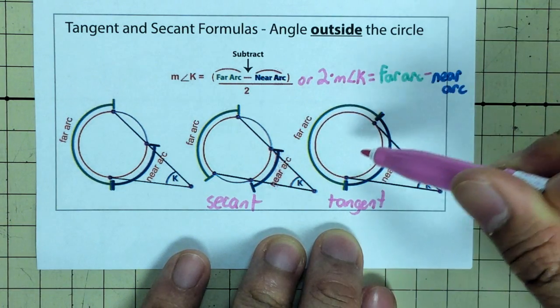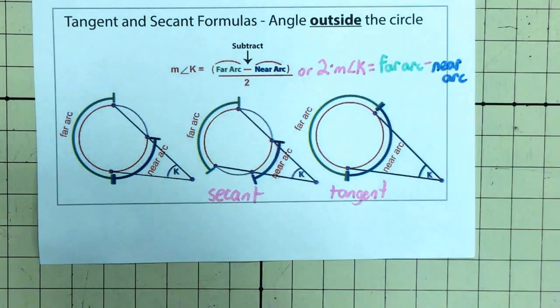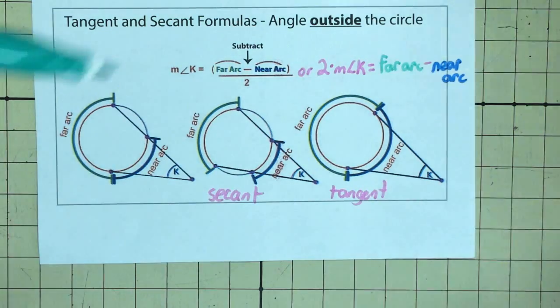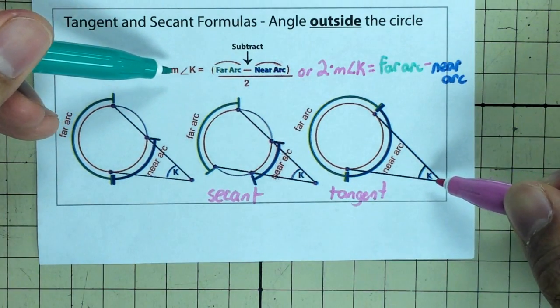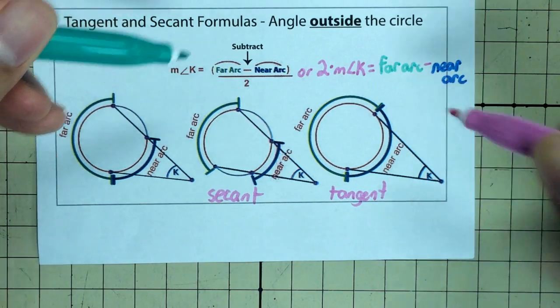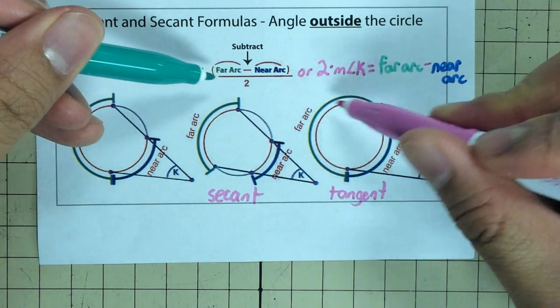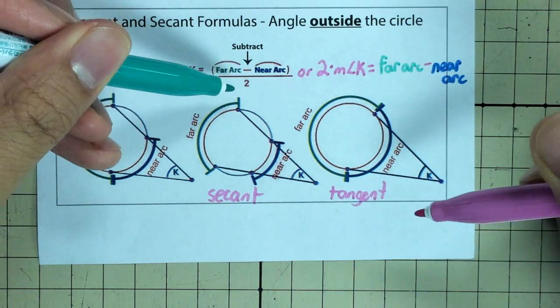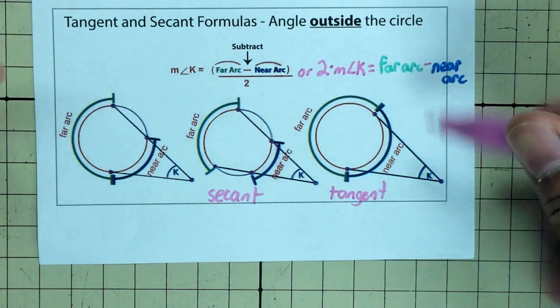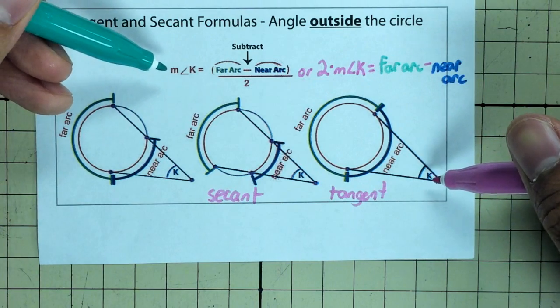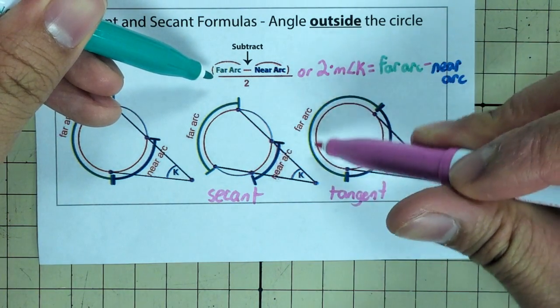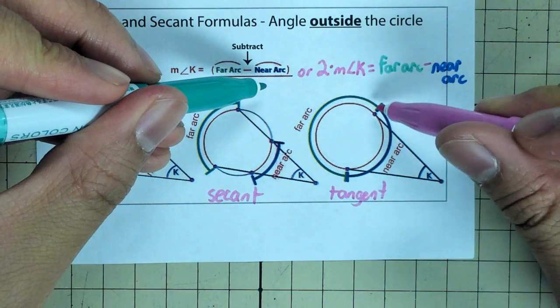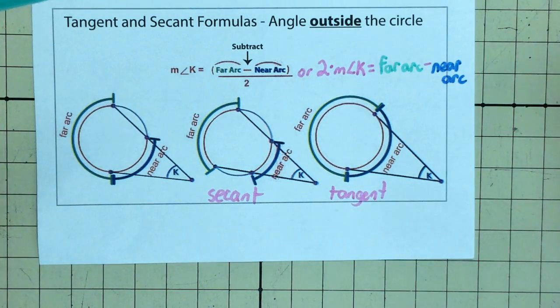So angle K equals your far arc minus your near arc, divided by 2. Again, angle equals far arc minus near arc divided by 2.